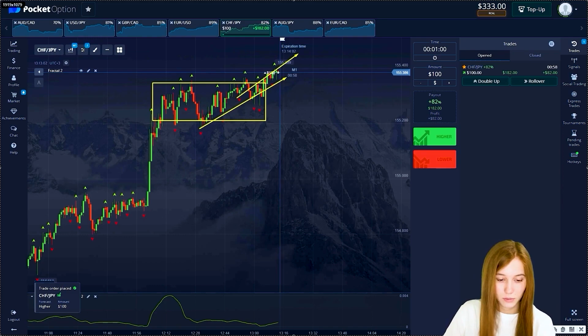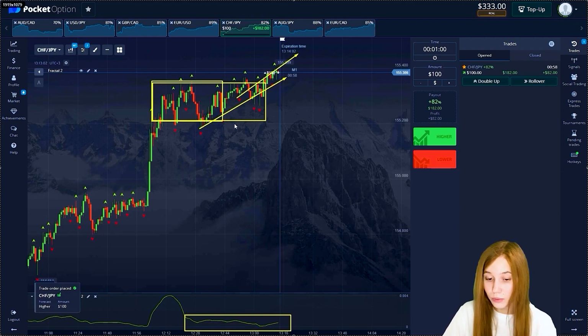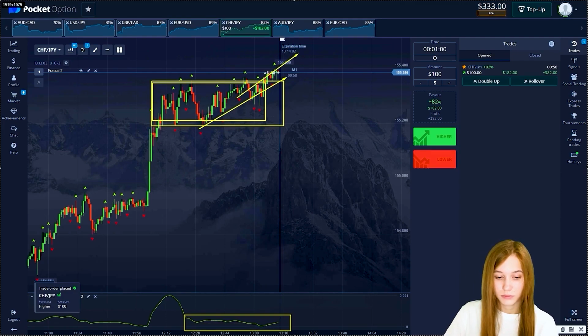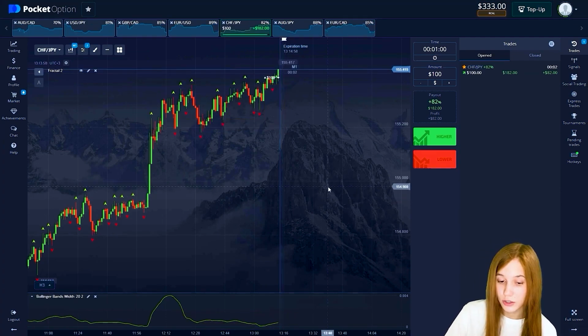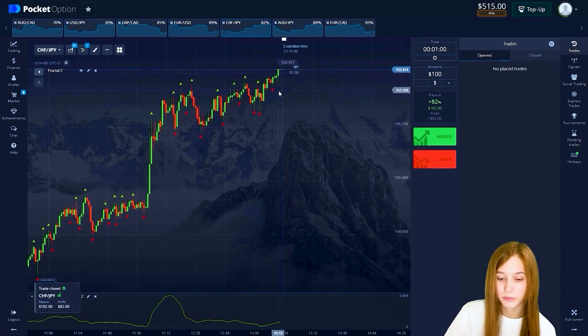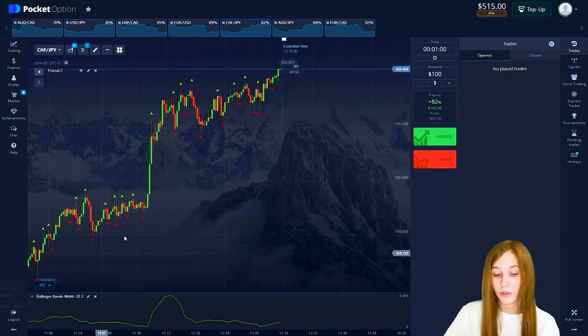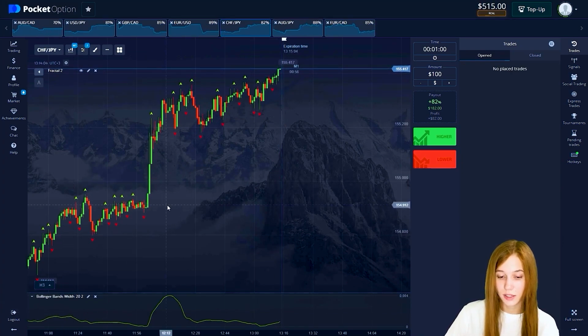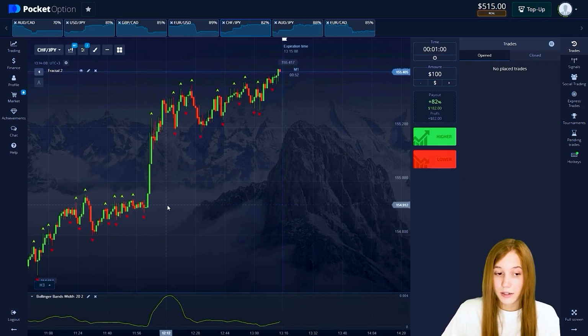So we see our intensity is low. It's demonstrating our consolidation at the moment. Let's look at the chart. We see that growth is happening. As I said, the deal was plus, $82 our profit.